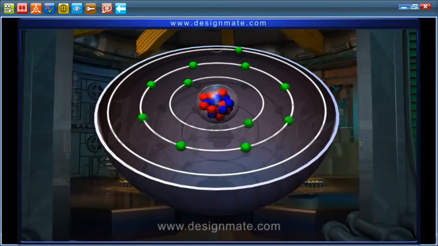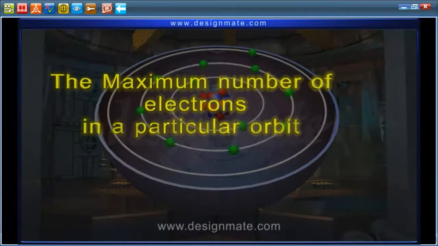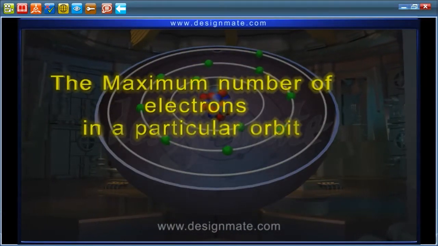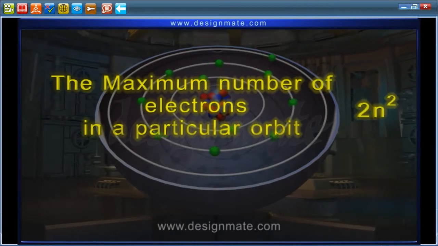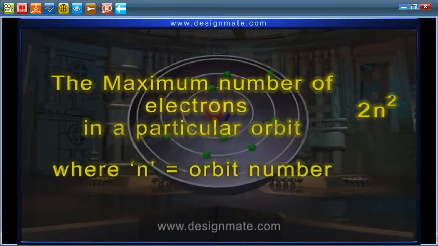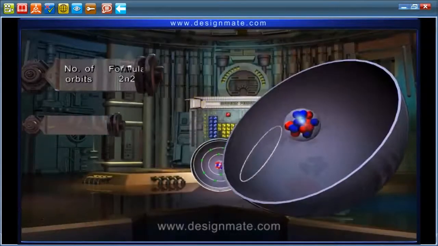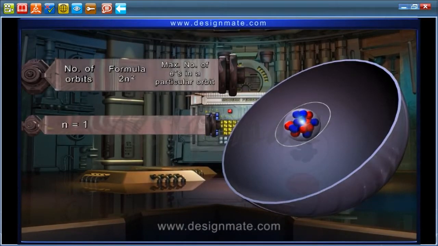Every orbit has a certain capacity to accommodate electrons. The maximum number of electrons that can be accommodated in a particular orbit is determined by the formula 2n squared, where n denotes the orbit number. For the first orbit, n is equal to 1.